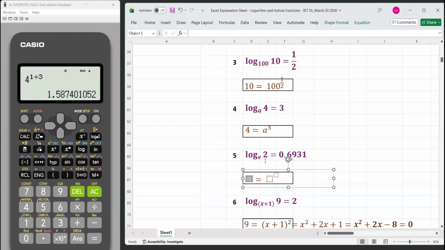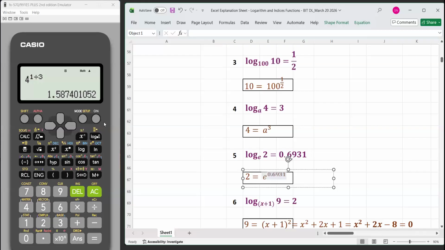Log 2 base e is equal to 0.6931. Yes, please. 2 is equal to e raised to the power 0.6931.